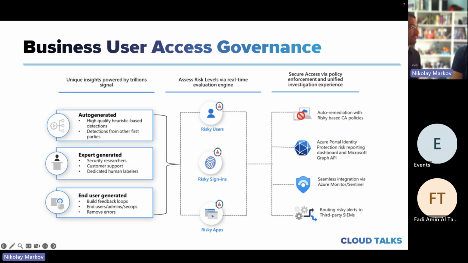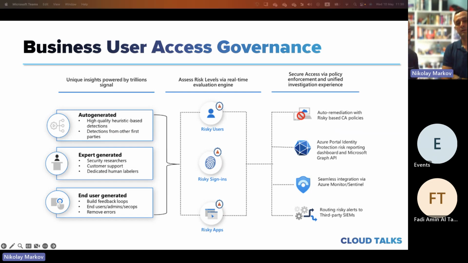So that's why the identity protection part is important, using AI inspected or machine learning capabilities to figure out, is this a risky user or a risky sign-in based on different attributes of the connection.